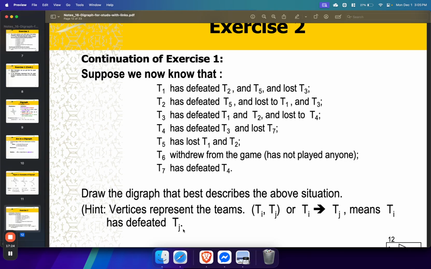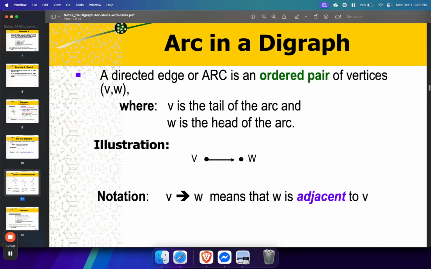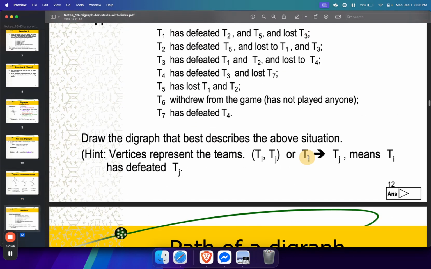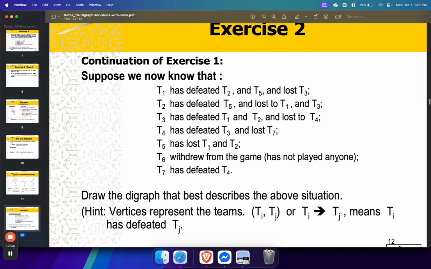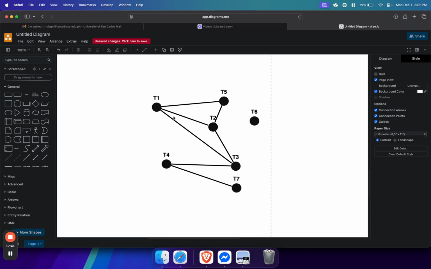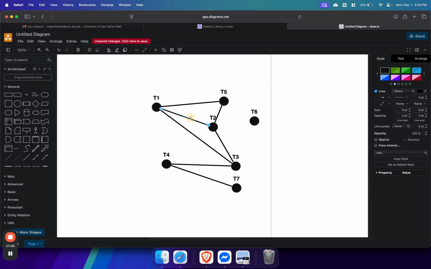What that means is, the tail is the winner and the head is the loser. So remember, tail and head. The tail is the winner, the head is the loser. So if T1 has defeated T2 and T5, that means T1 is the tail and T2 is the head. So let's put an arrow.